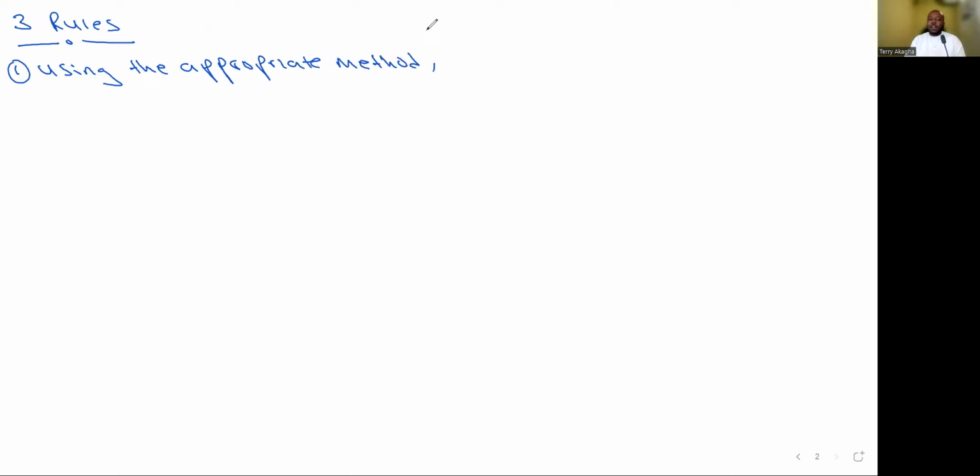We talked about the slope-intercept form, the 2-point, the 1-point, and the standard form, depending on the question you have. But you have to then find the equation of the line, okay? We've done this before. So find the equation of the line for the first line.